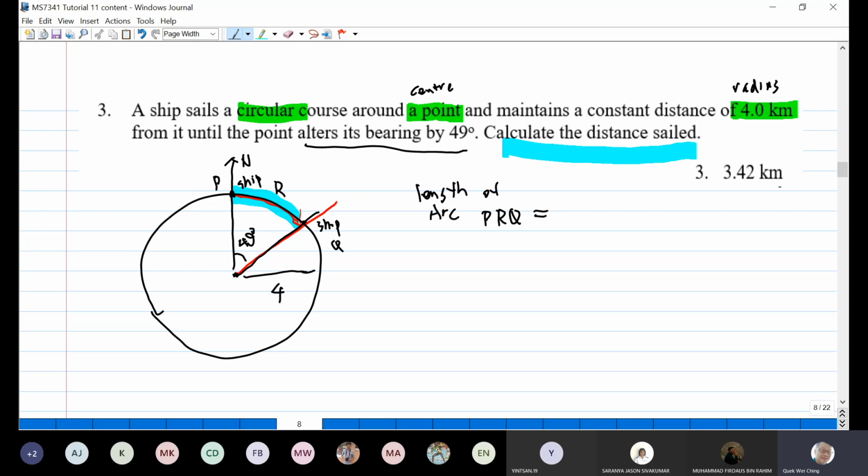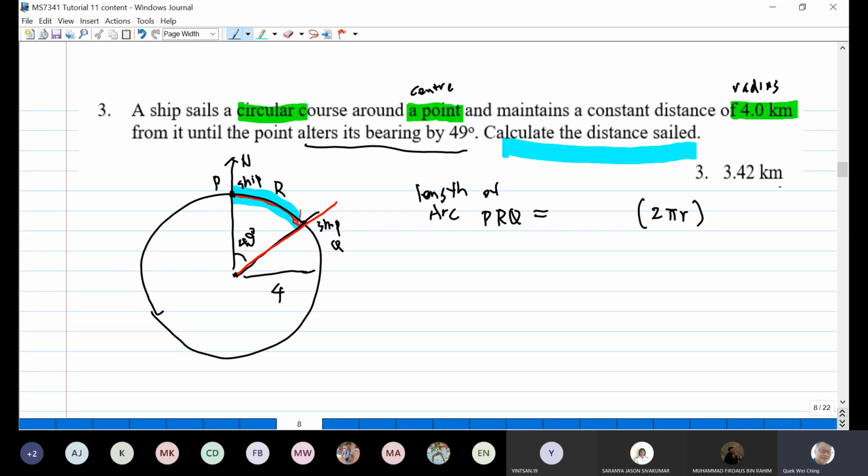How do you find this? It is part of a circle. The whole circumference of the circle is 2 pi r, and this arc is a portion of the whole circle.